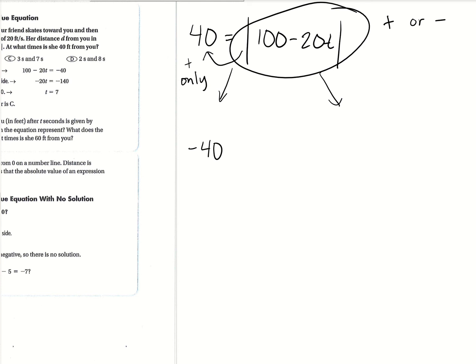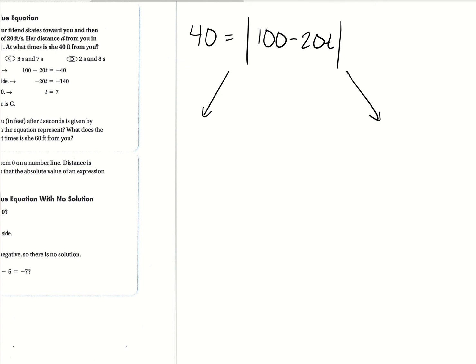That's why we're going to set it two different ways. We're going to have positive 40 equals 100 minus 20t, and then the other side of it would be negative 40 equals 100 minus 20t. When you set these up, you can get rid of those absolute value signs once you've come up with your two different equations.